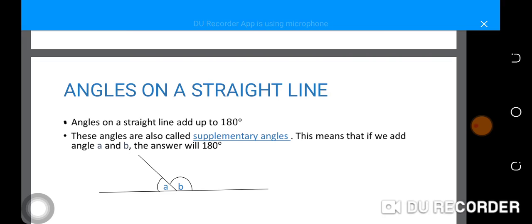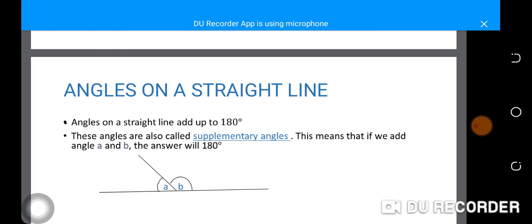Within that 180 degrees, if we divide it and one angle is given and another is not given, the one which has been given should be subtracted from 180 degrees for us to find the size of the unknown angle.